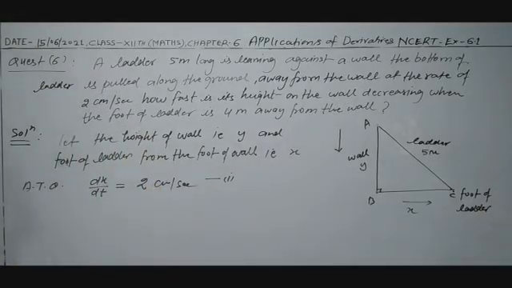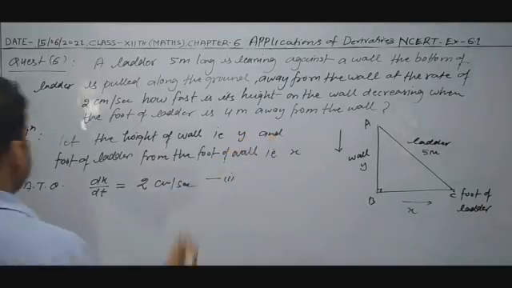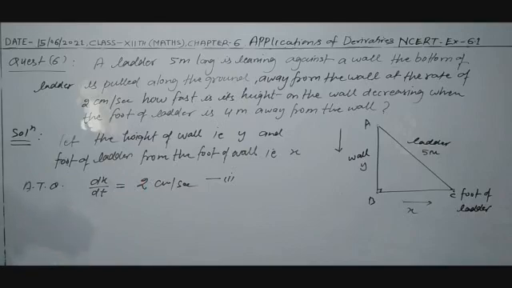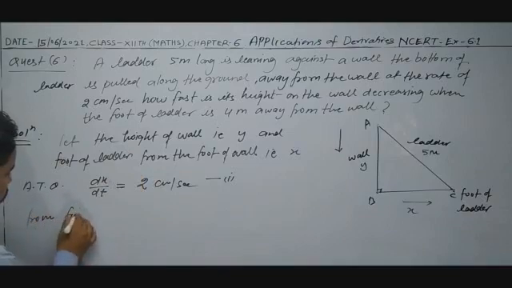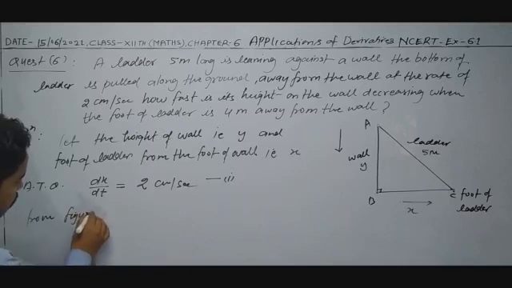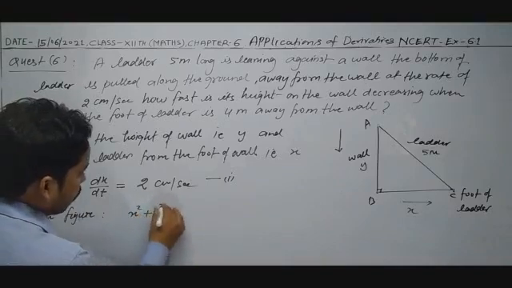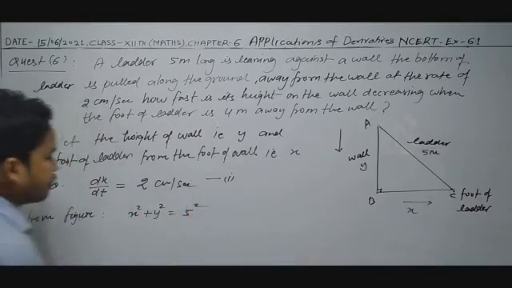Now see from the figure, AC square can be written as AB square plus BC square. So AC square means 5 square, or x square plus y square is equal to 5 square.